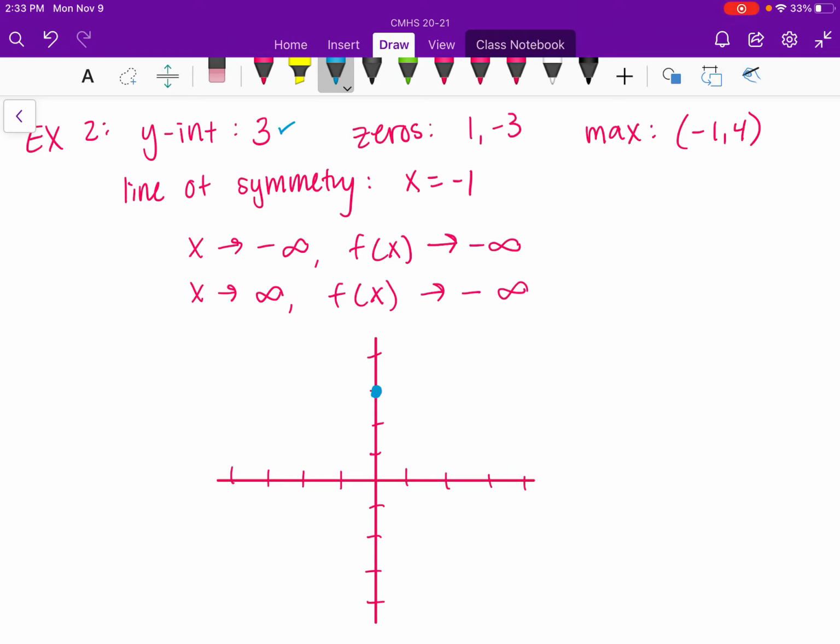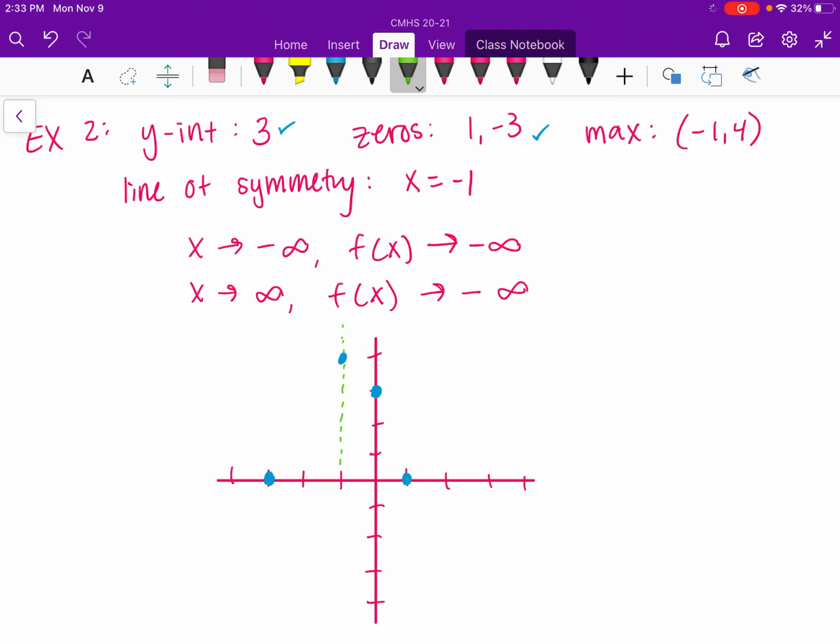We have 2 zeros, 1 and -3. So here's 1, and here's -3. And check it off. The max is at (-1, 4). So you can see the outline there. There's a line of symmetry at x equals -1.